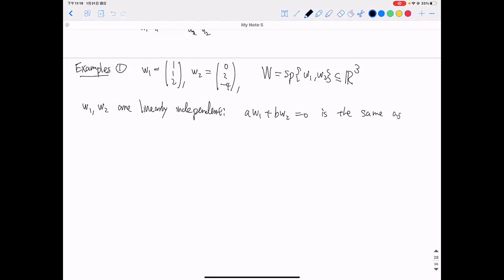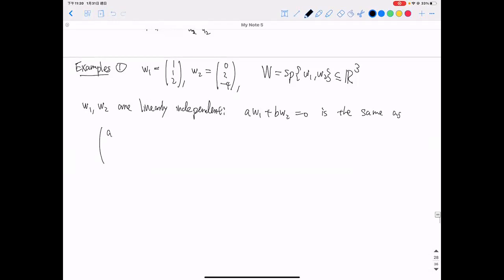And this you can see just by explicitly writing out AW1 plus BW2. That's A plus 2B, 2A minus 4B, equaling the 0 vector 0, 0, 0. And this forces immediately that A is 0.